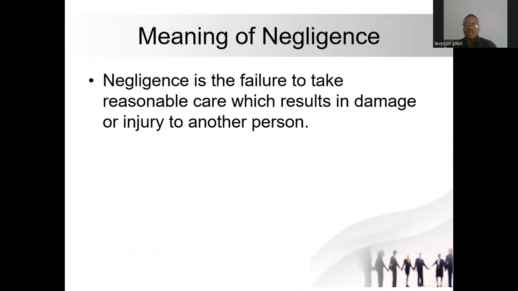This is a law term which they normally use when you want to bring a case against someone due to negligence. So they consider this definition, which is failure to take reasonable care, which results in damage or injury to another person. That's what it means.